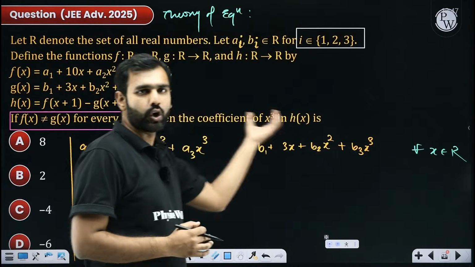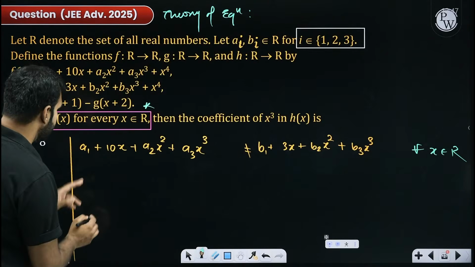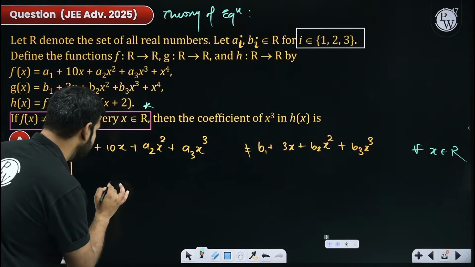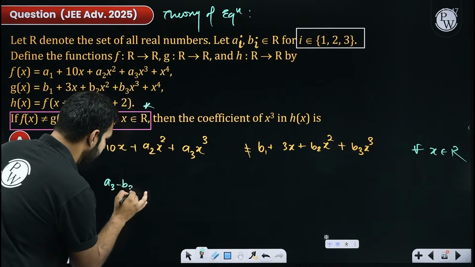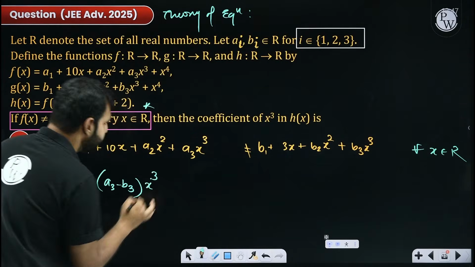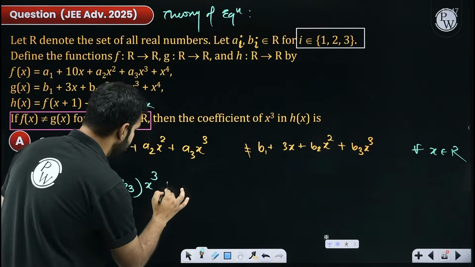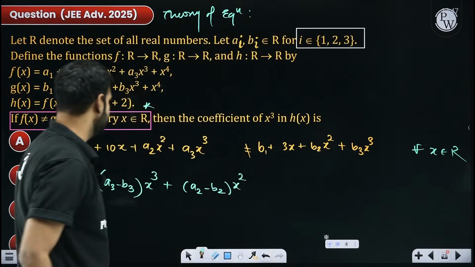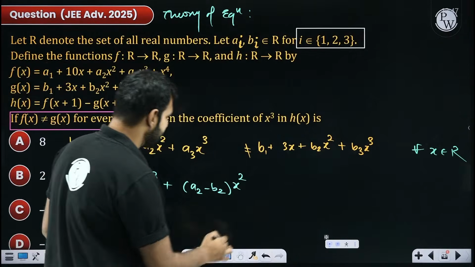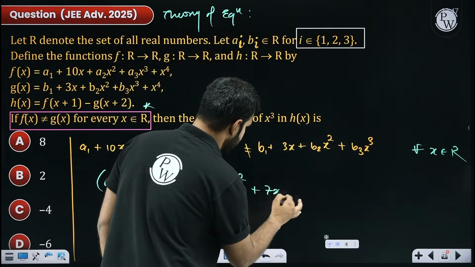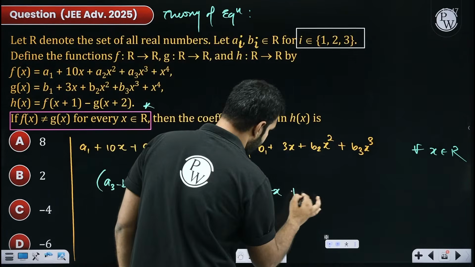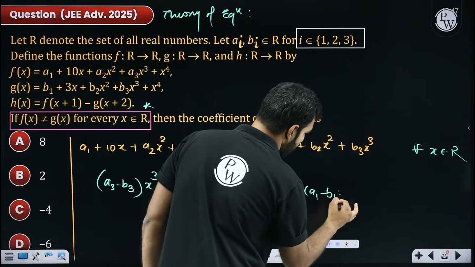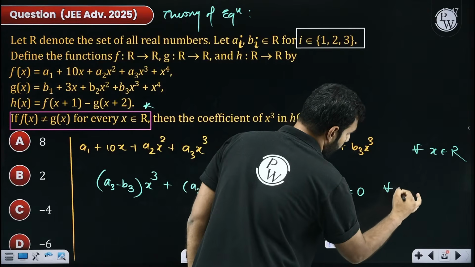If I take it all to this side, this becomes (a3 − b3)x³ + (a2 − b2)x² + 7x, that is 10x − 3x, plus (a1 − b1), the constant term, and this is not equal to 0 for all x which are real.